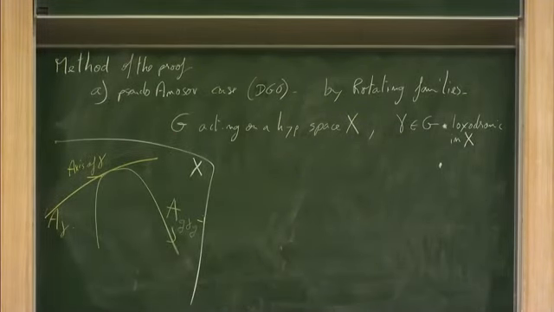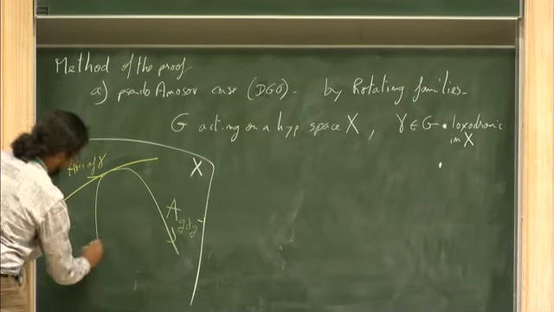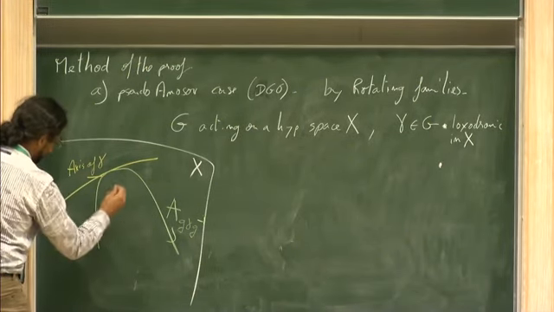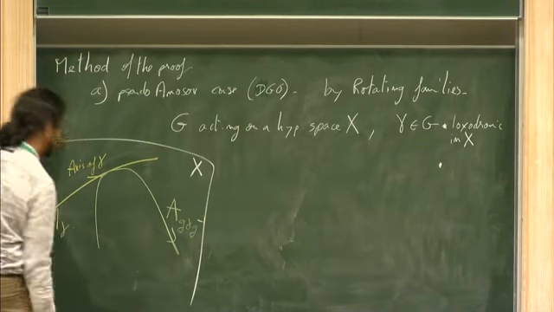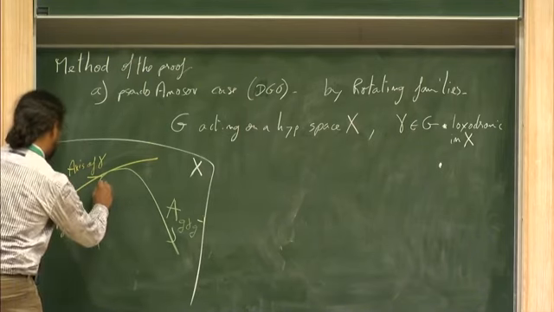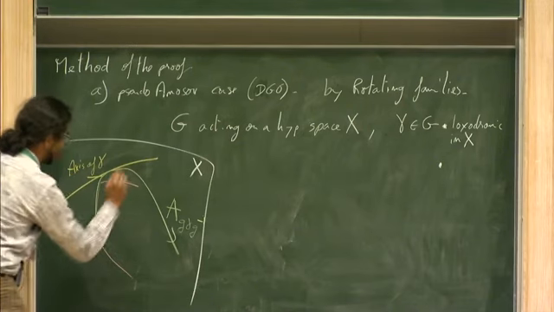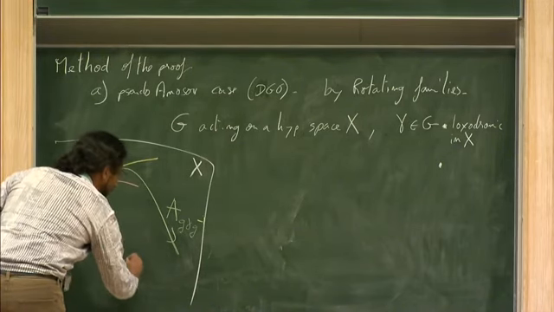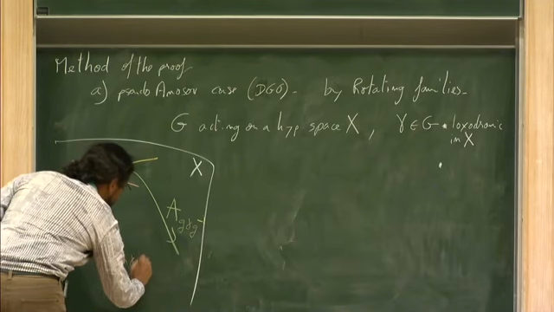And maybe I have a third axis somewhere else. So A of H gamma H inverse.